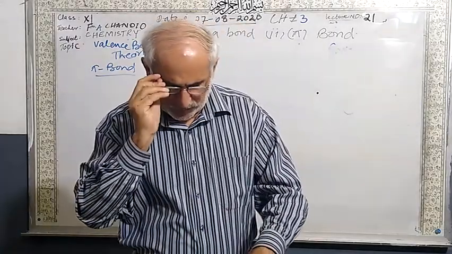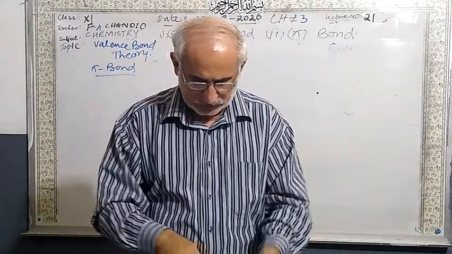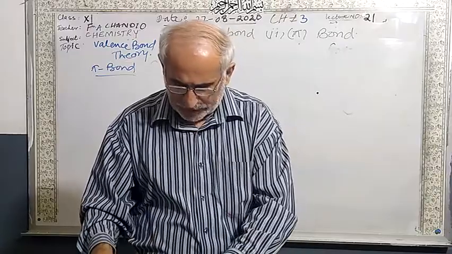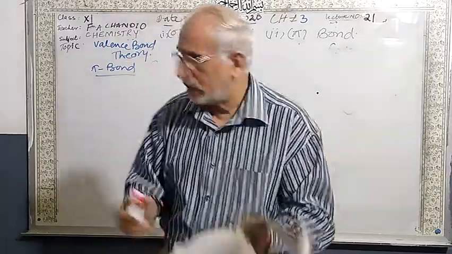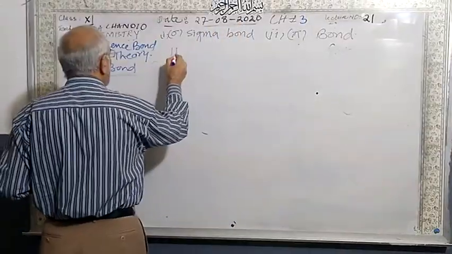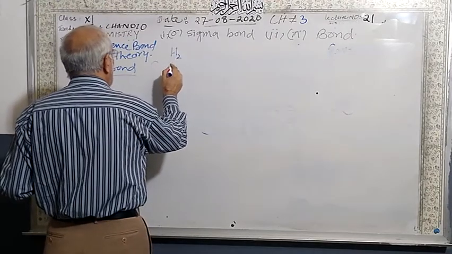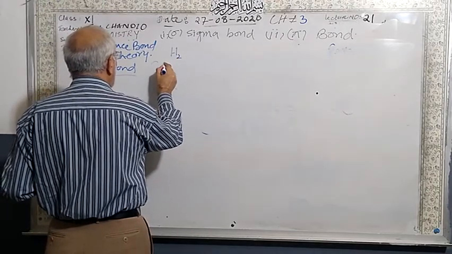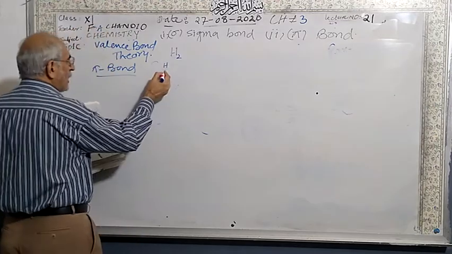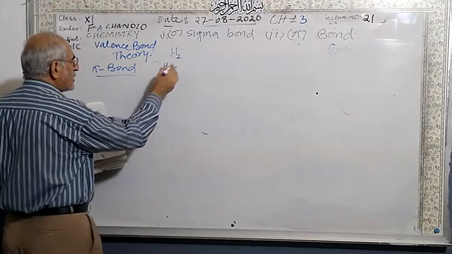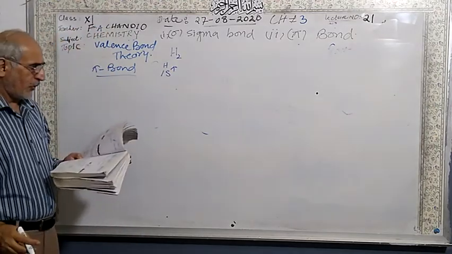Example of the hydrogen molecule, H2. How is the hydrogen molecule formed? From the hydrogen atom, whose electronic configuration is 1s1.